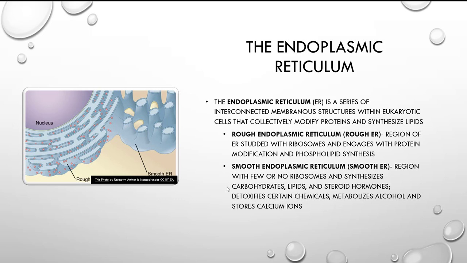Okay. So the boss says, hey, make some insulin. This is where the rough ER is going to get involved with starting to manufacture some insulin. The smooth ER might get involved with adding some components to that product. Okay, so we're manufacturing here with the endoplasmic reticulum.